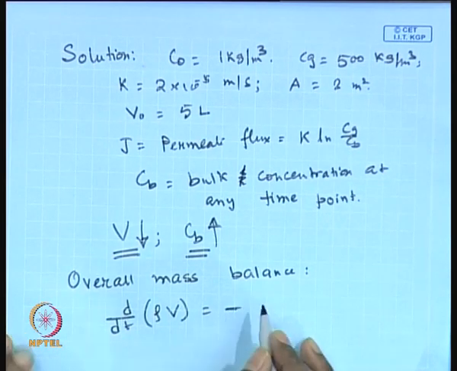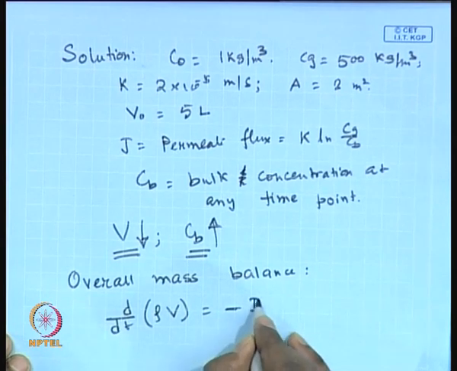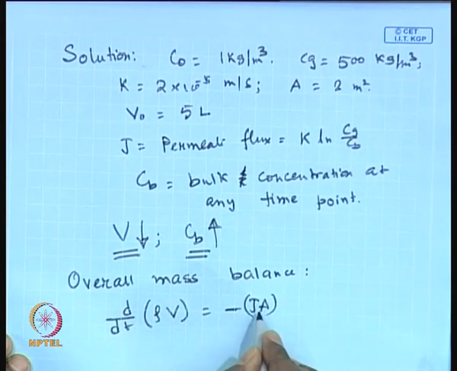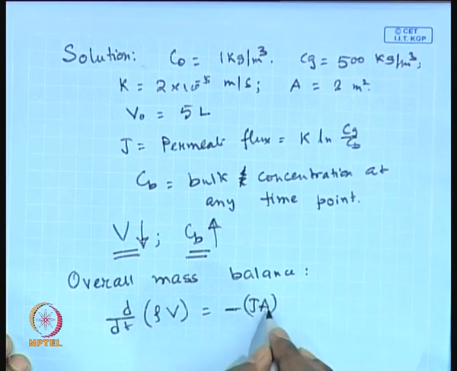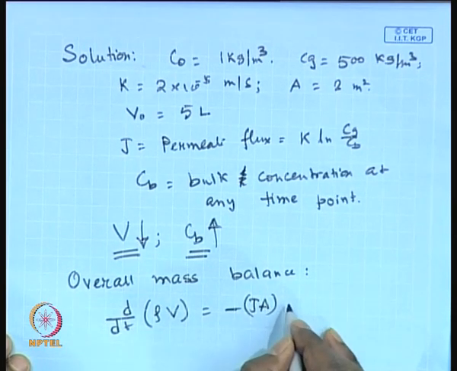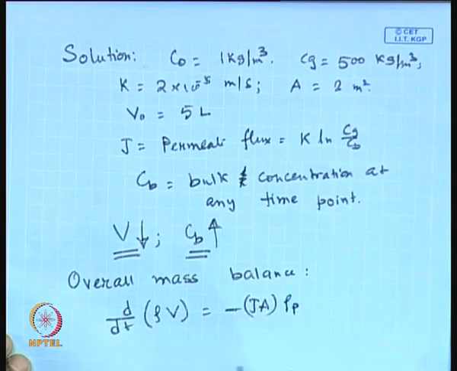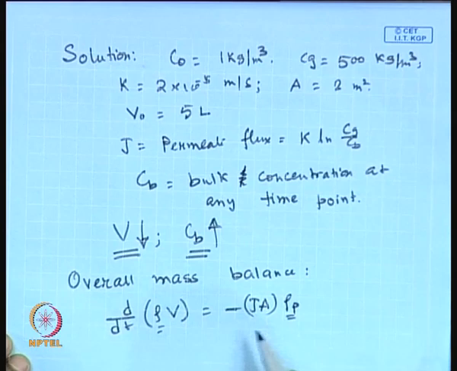So, rate of in minus rate of out: minus J times A, that is the total material going out in meter cube per unit time. You should multiply by the density of the permeate, so that it is converted to the total material going out in kg per unit time. Now, what is the difference between the rho in the bulk and rho in the permeate?